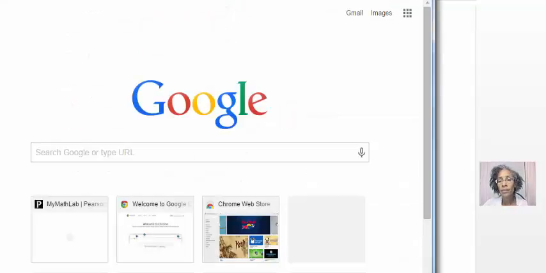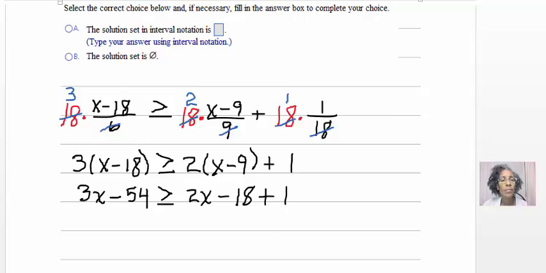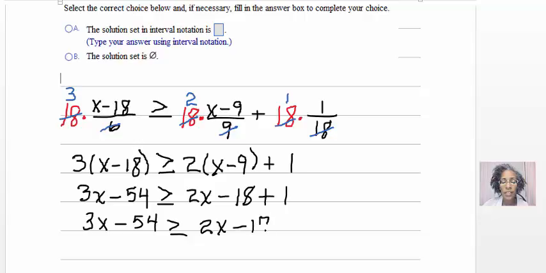And so we're able to combine like terms on this right side. And that gives us 2x minus 17. Negative 18 plus 1 is negative 17.